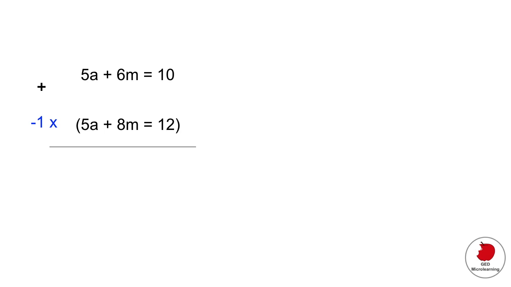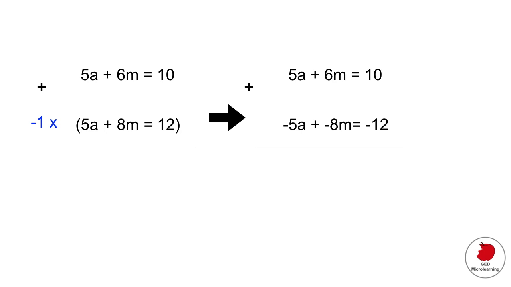If we do that, that gives us this. And as we said before, now you've eliminated the 5a, and you end up with 2m is equal to -2, and when we divide, that gives us m is equal to 1. So that's the first part of the equation.